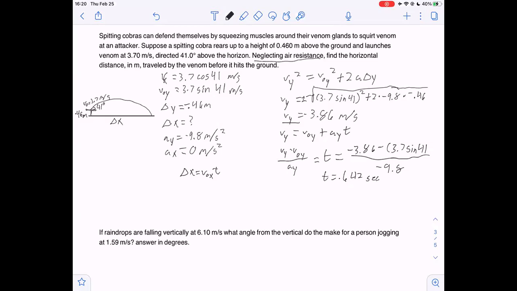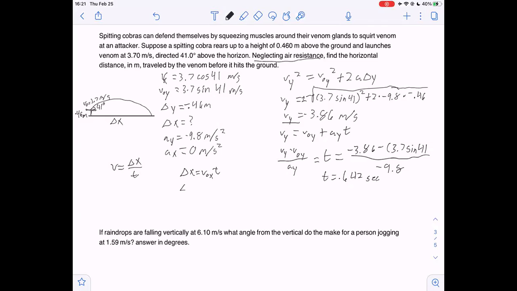Which if you look at it, what is it rearranged? What equation is that identical to? It's identical to our velocity, which is velocity is equal to delta x over t. Just multiply both sides by t.